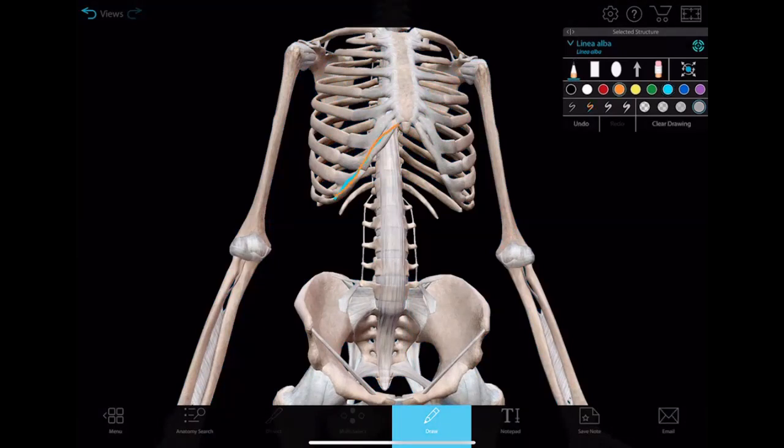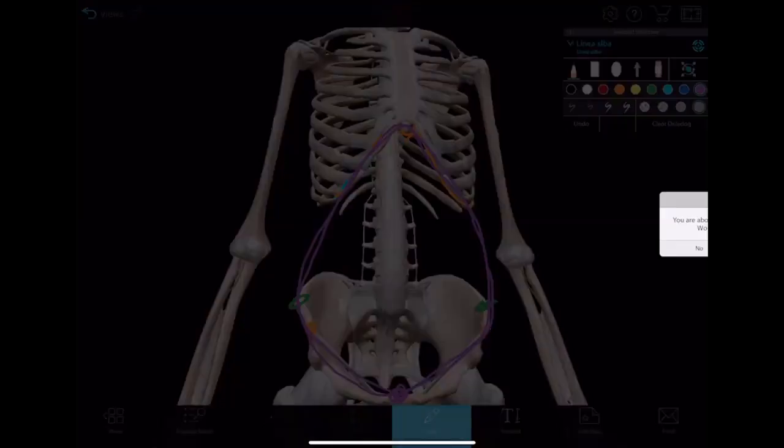Costal arch, xiphoid process, anterior superior iliac spine, tubercle of iliac crest, right? This is symphysis pubis. So this is the anterior abdominal wall, bony landmarks of anterior abdominal wall, right? These are the bony landmarks of anterior abdominal wall, right?